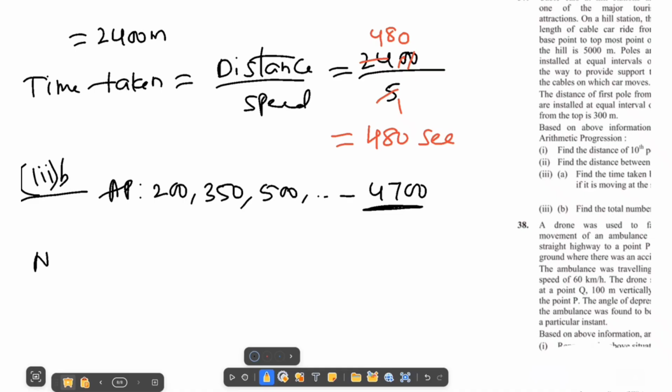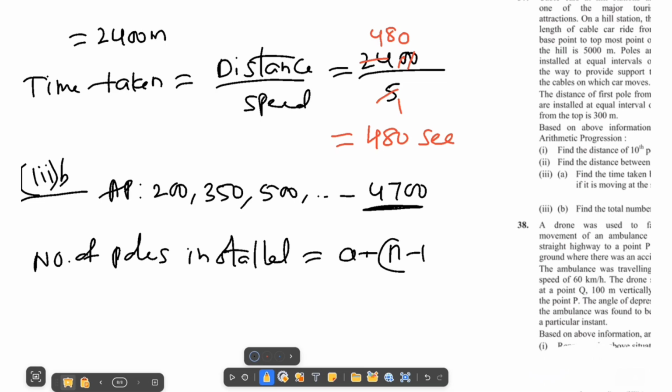That number will be equal to the number of poles. So the number of poles installed will be equal to, we have to use the nth term formula, a plus n minus 1 into d.